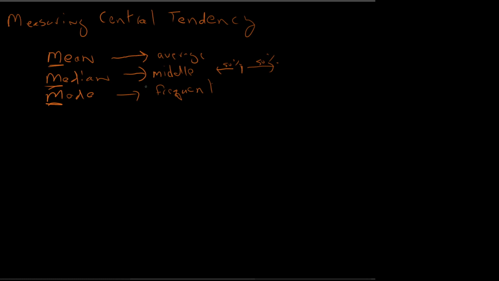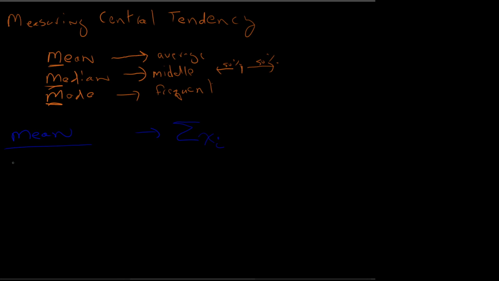Now, we're going to get some notation here. So let's look at the mean. We're going to use this sigma again to say that we add up all the pieces of data. We start with the first piece of data and go all the way to the last, and I use the little subscripts to tell me which number piece of data I'm looking at.